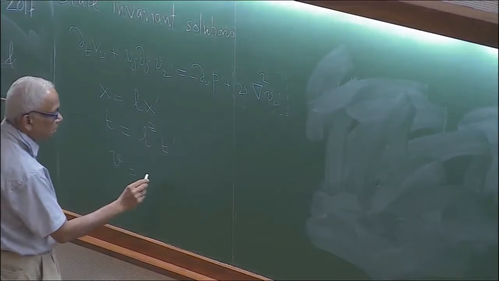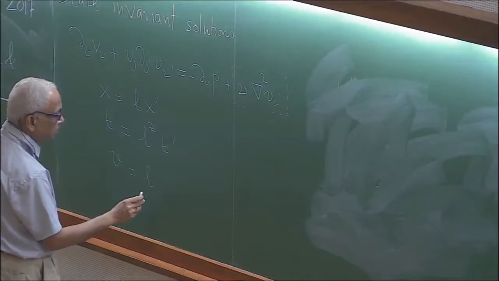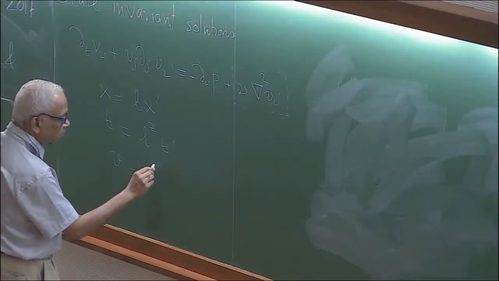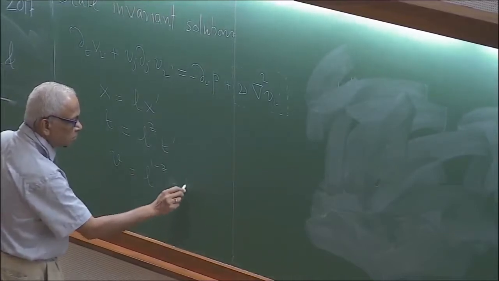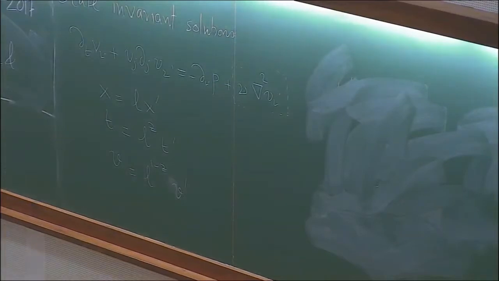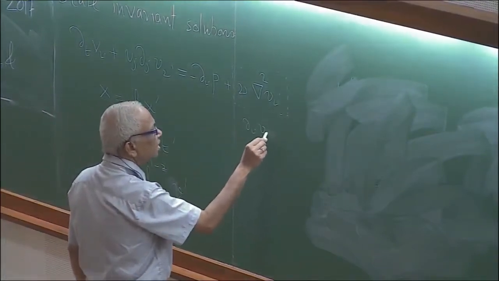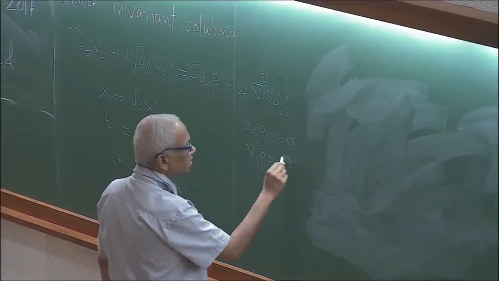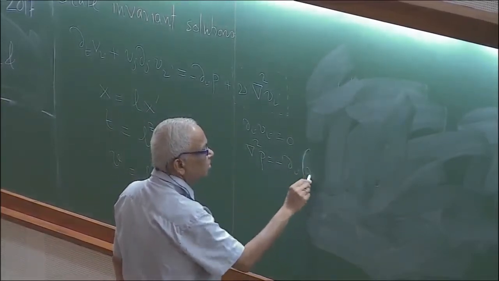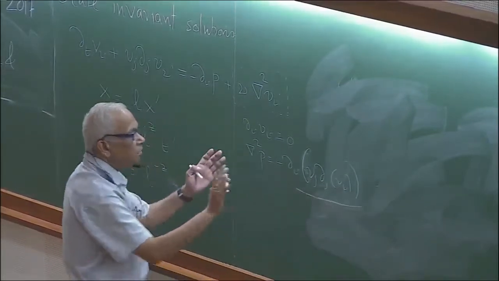It's x over t, so v goes to L to the power 1 minus z times v prime. And mind you, this is incompressible flow, ∂i vi equal to 0. Therefore ∇² p is minus ∂i vj ∂j vi. So I don't need to worry about the pressure term.